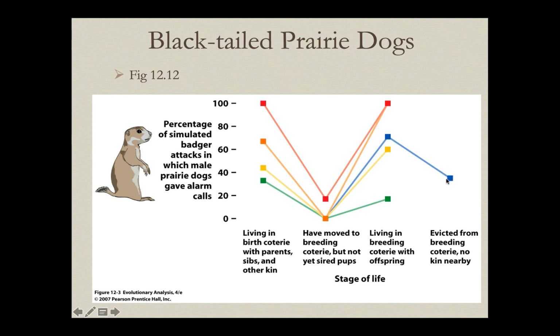And then when he moved to another colony with unrelated individuals, again, he completely lowered his probability of giving these alarm calls. So this is exactly what you would expect. If this is an altruistic behavior, you should only do it when you have the potential to help close relatives, which indirectly helps you.